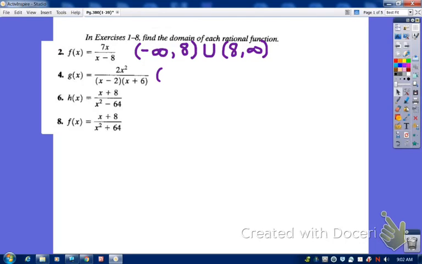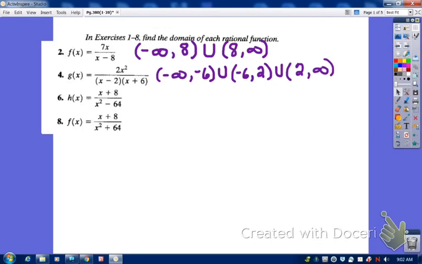So we're going to have to go negative infinity to the smallest excluded value, which is negative 6, parentheses, union, and then you'll do negative 6 to the larger excluded value, which is positive 2, parentheses, union, and then finally 2 to infinity, parentheses. So when you have two excluded values, you'll have 3 interval notations with the little union signs in between the interval notations. If you just have one excluded value, you'll have 2 interval notations, and when we get to the graphs, hopefully it'll make a little bit more sense.